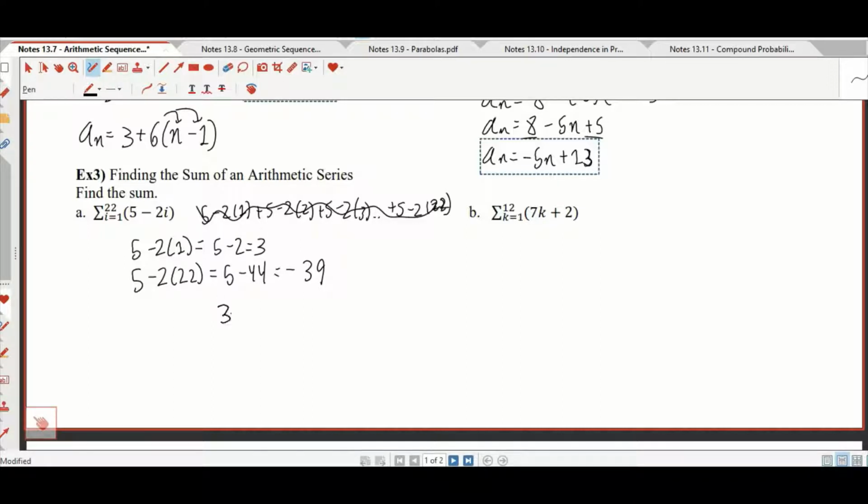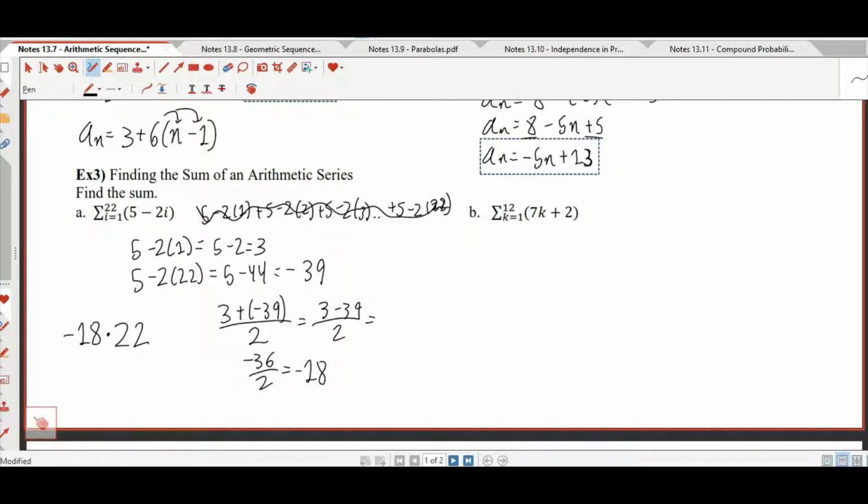So the average of those is 3 plus negative 39 all over 2. That's 3 minus 39 over 2, which is negative 36 over 2, which is negative 18.